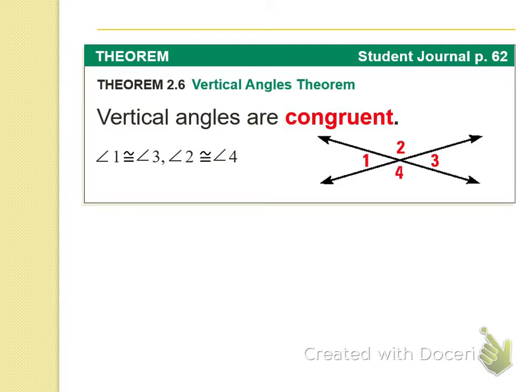The first set would be angle 1 and angle 3, so you highlight angle 1 and angle 3. And then your second set are 2 and 4.